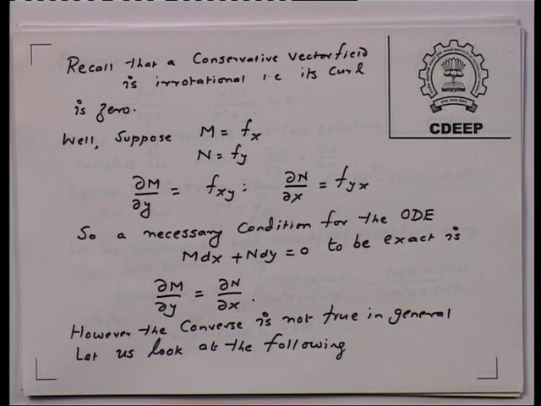However, the converse is not true in general, and I explained to you intuitively why that is the case. Of course, that is only an intuitive explanation. I should be giving you a counter example, an example of an m and an n where del m by del y is equal to del n by del x, but for which a scalar potential does not exist.